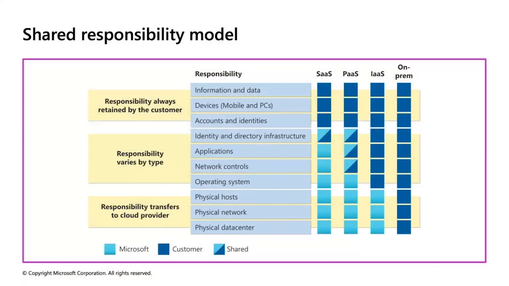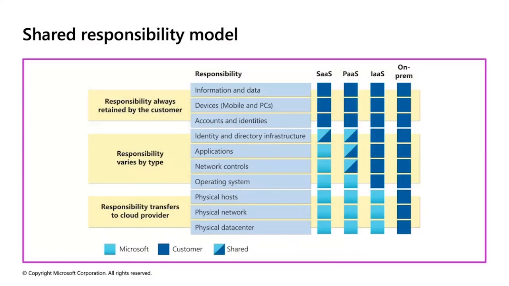Now, when we move towards PaaS, platform as a service, apart from the physical data center, physical network, physical host, and operating system, we have shared responsibility here between customer and Microsoft. Generally we use PaaS for application deployment.